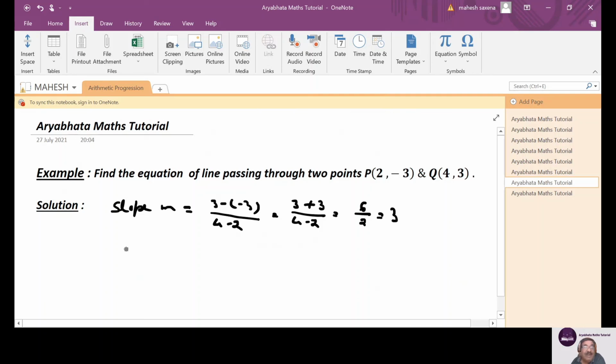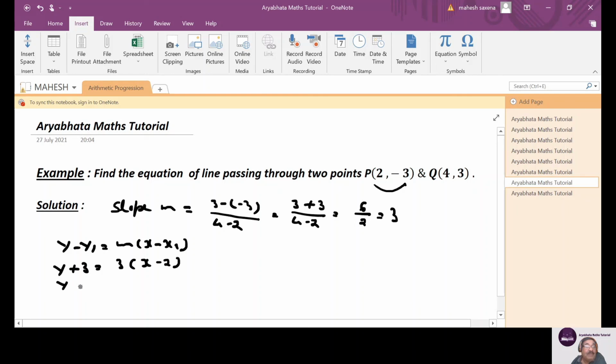Now we can find the equation by using the formula that y minus y1 is equal to m into x minus x1. Therefore, in this case, we are assuming x1 and y1 as this. Therefore, in this case, the formula is y plus 3 is equal to m, which is 3, into x minus 2, where x1 is 2.